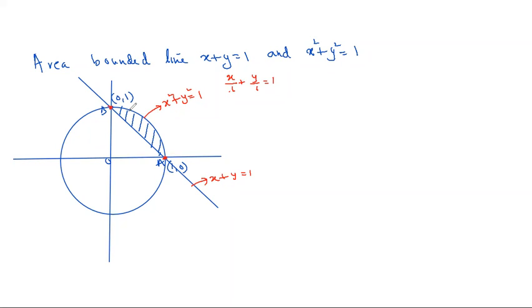We are asked to find the area of the shaded region. So the area of the shaded region is the area of the quarter circle, area of 1/4 of the circle, minus the area of triangle OAB. Area of 1/4 of the circle is 1/4 pi r square.